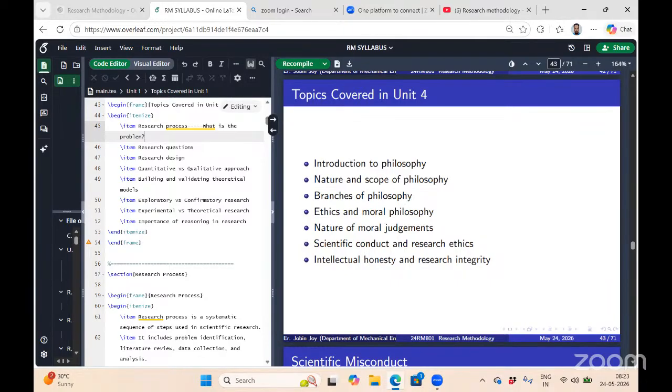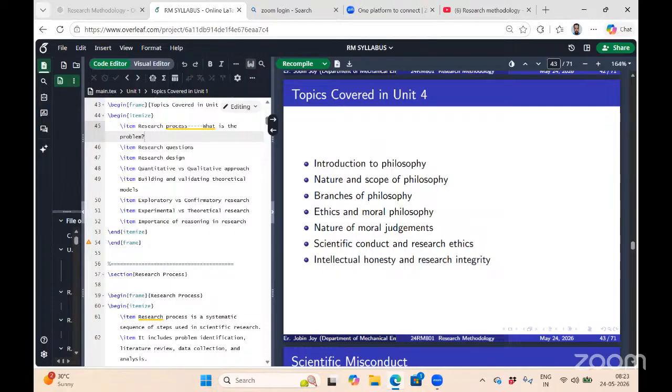For example, in research, if a researcher is writing a paper and adding the work of another person, giving proper citation is an example of ethical practice. If he is not giving proper citation, it is considered an unethical practice.